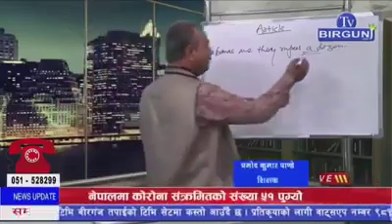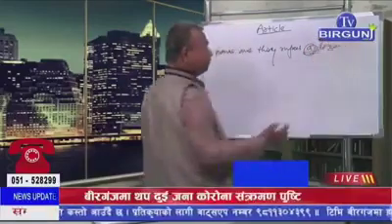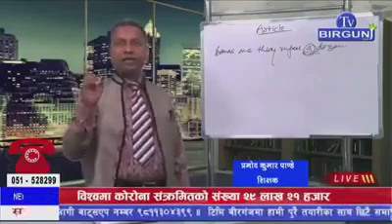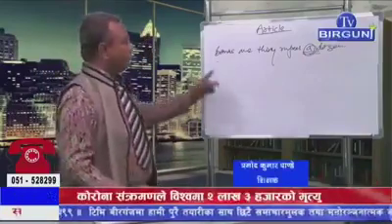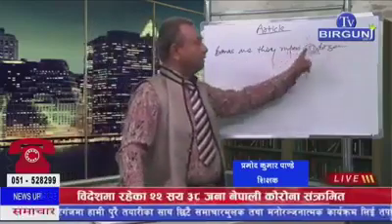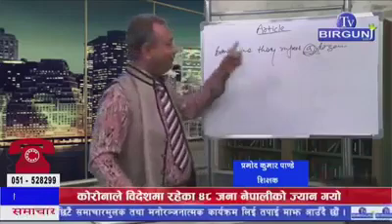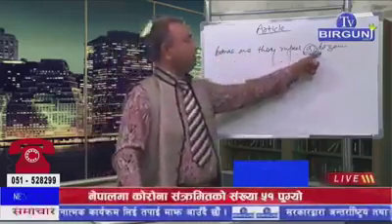A is used in the sense of per. Don't think a means only a unit. Sometimes it is used in the sense of per also. So here a dozen means per dozen. You must keep this meaning in your mind, if the sentence comes, bananas are 30 rupees a dozen.